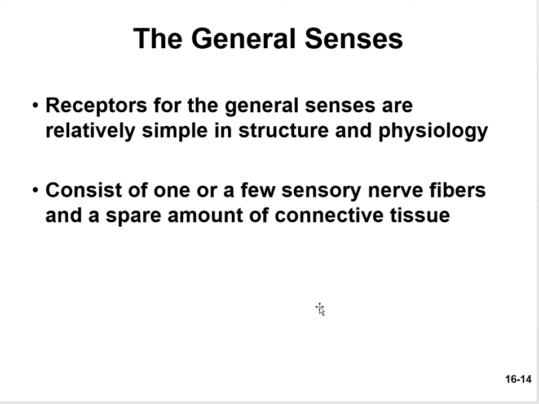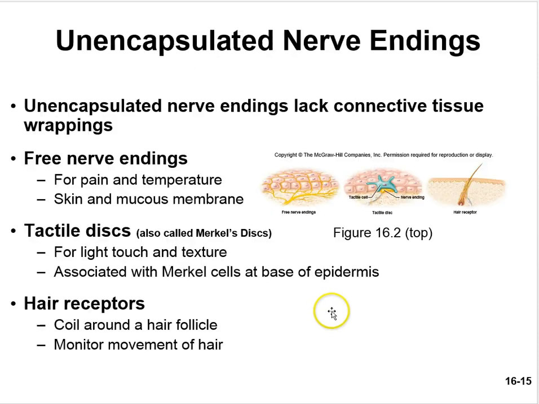Receptors for the general senses are pretty simple, usually consisting of some sensory nerve fibers and some connective tissue. We have a range of different receptors to have a range of different responses. We have unencapsulated nerve endings.